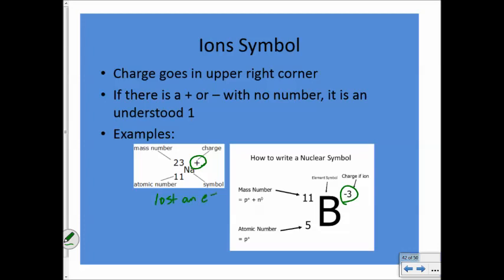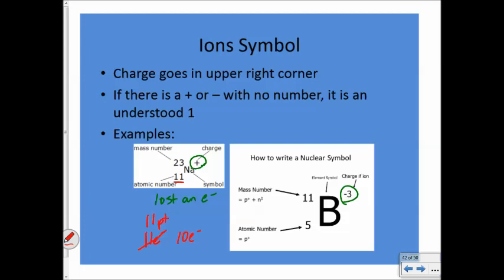I know this because a regular sodium, how many protons does the sodium have? 11 protons. Now, a regular neutral sodium is going to have 11 electrons. But if I have a +1, that means I lost an electron and only have 10 now. Because I have one more positive than I do negative, I have a +1 charge.